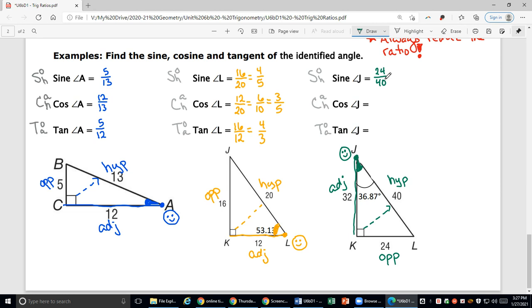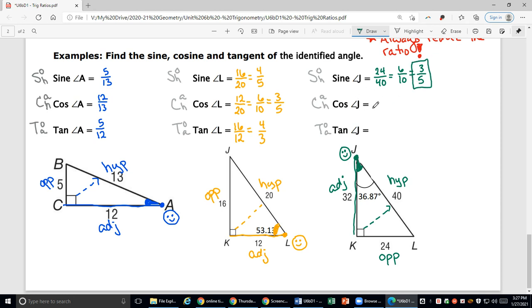Let's see. 4 goes into both of those. 4 goes into 24 6 times. 4 goes into 40 10 times. Oh, but those are still both even, so 2 can go into both of those. 2 can go into 6 3 times, and 2 can go into 10 5 times. So if I noticed, I could have divided by 8, right? Because 3 times 8 makes my 24, and 5 times 8 makes my 40. But I still got there. 3/5 is my sine of angle J.